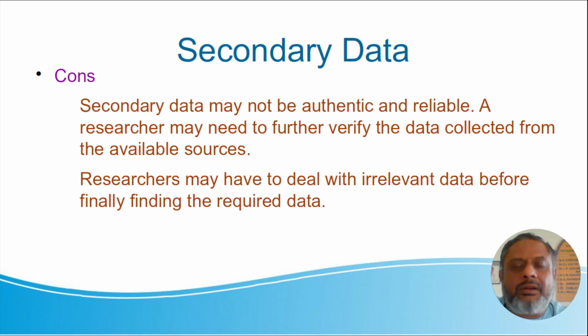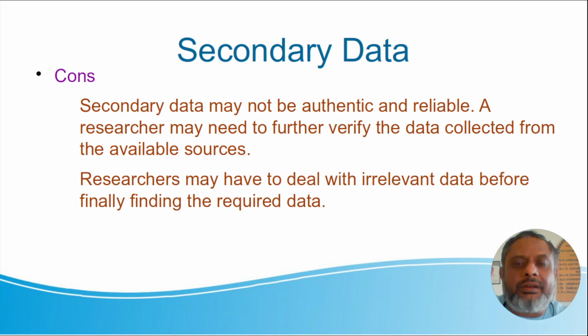But it's not necessary that whatever problem we are trying to solve, exactly the same problem the other team might have solved. They might have solved a similar type of problem. Therefore, the data they have collected to solve their problem may not exactly fit our problem.